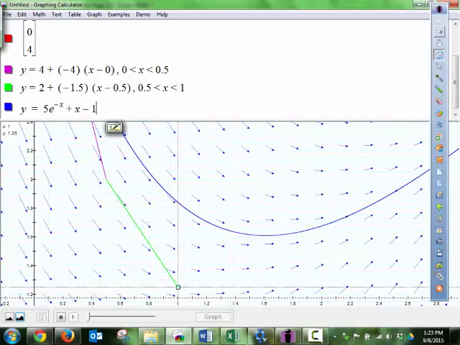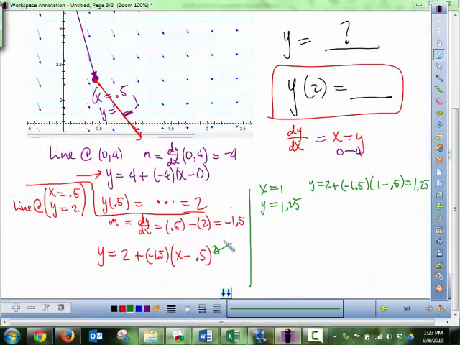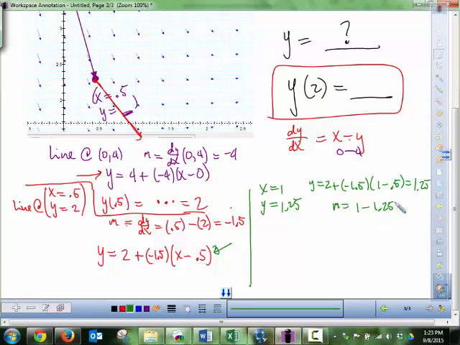So now we have that. We'll follow it along and make a new slope. M is equal to x minus y, or x minus 1.25. That's just negative 0.25.